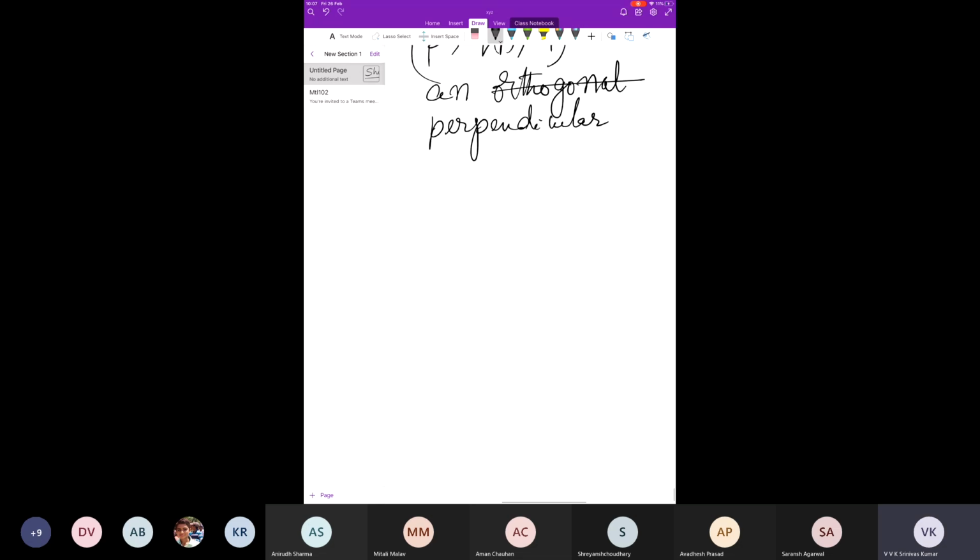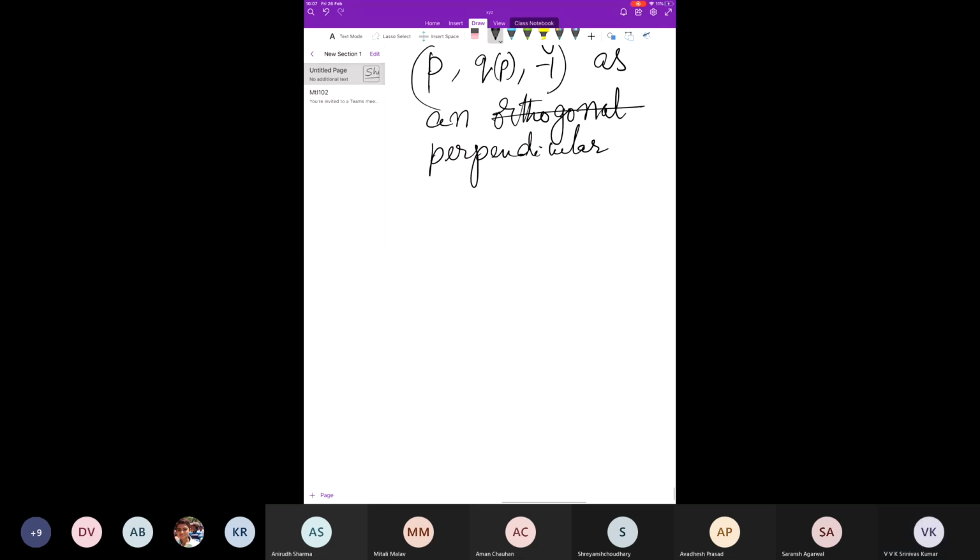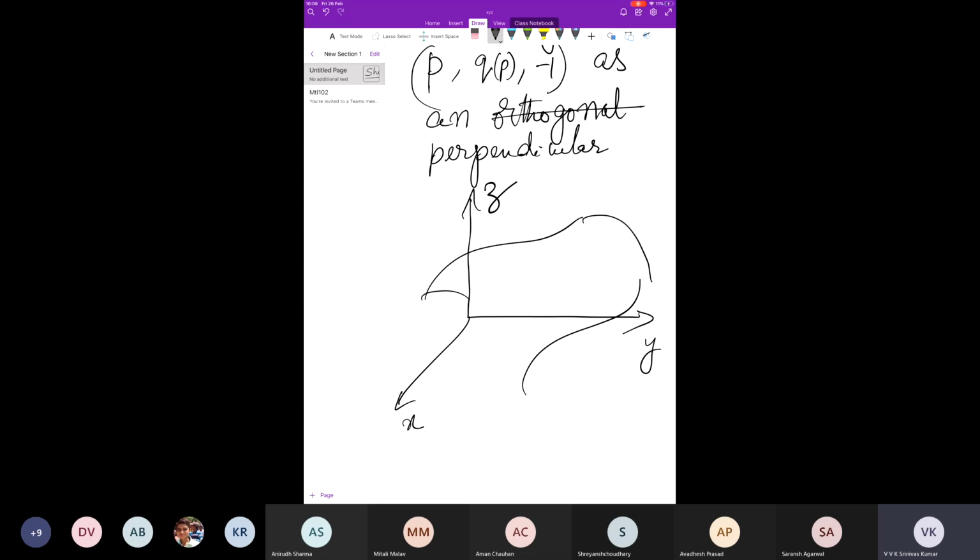Suppose we have x, y, z, and let us say this is our surface z equal to u(x,y), and take a point x naught, y naught, z naught.